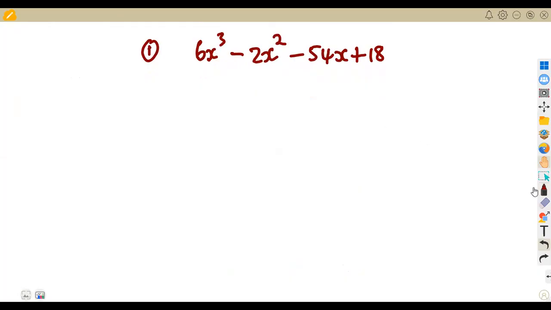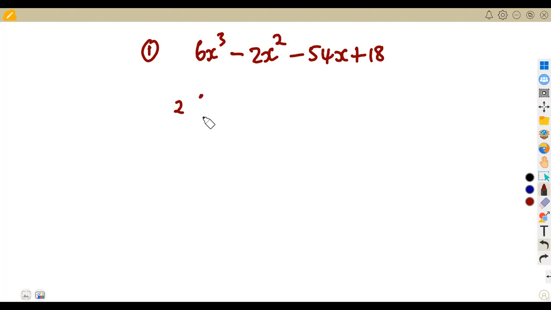But here there's something we can consider: the golden rule is that if there is something common between the terms or on all the terms that you're given, you can factor out that highest common factor between the given numbers. In this case, we can see that 2 is common here. So we can factor out 2 because it is common.